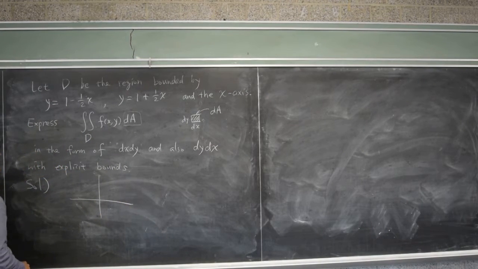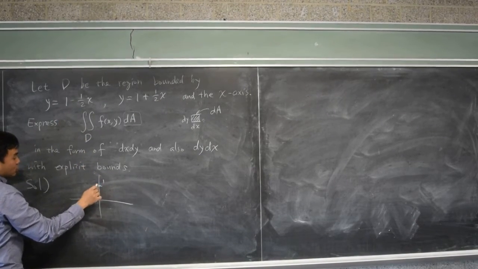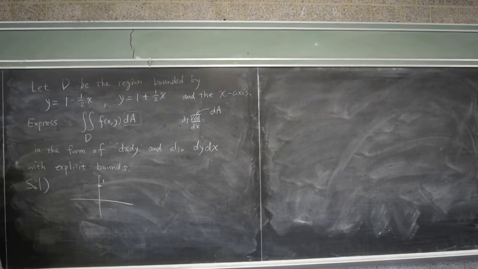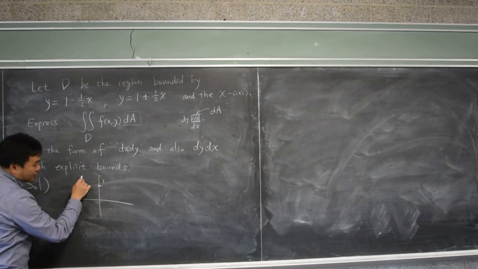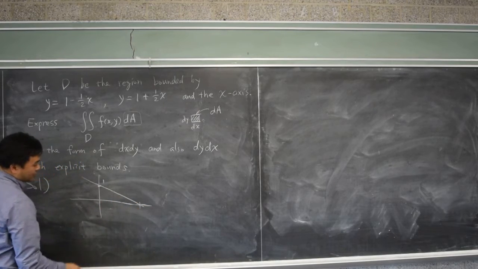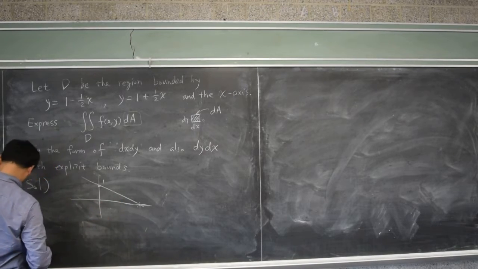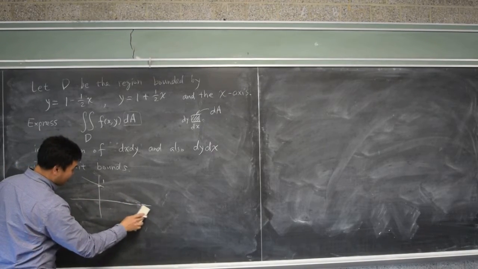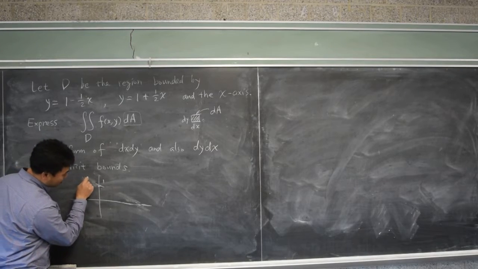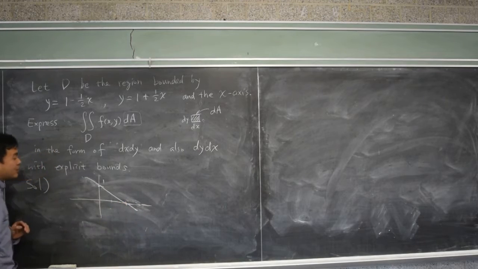So y equals 1 minus 1/2 x. That one has 1 as the y-intercept, and a negative slope, just like this. What's the x-intercept for this one? 2, right?